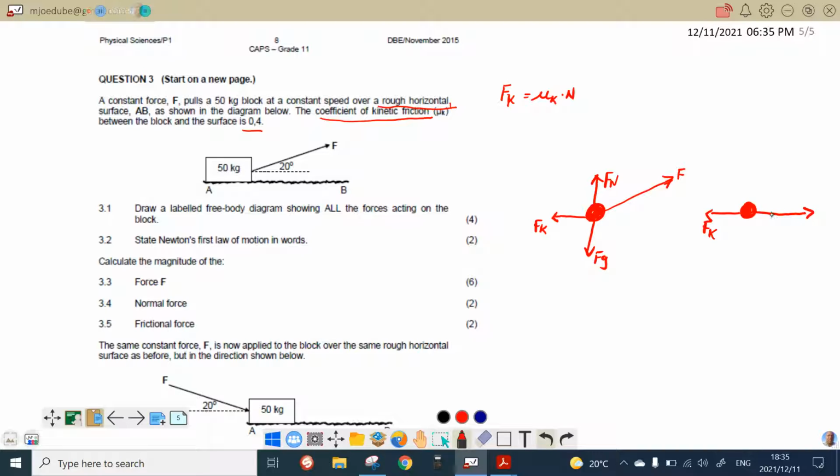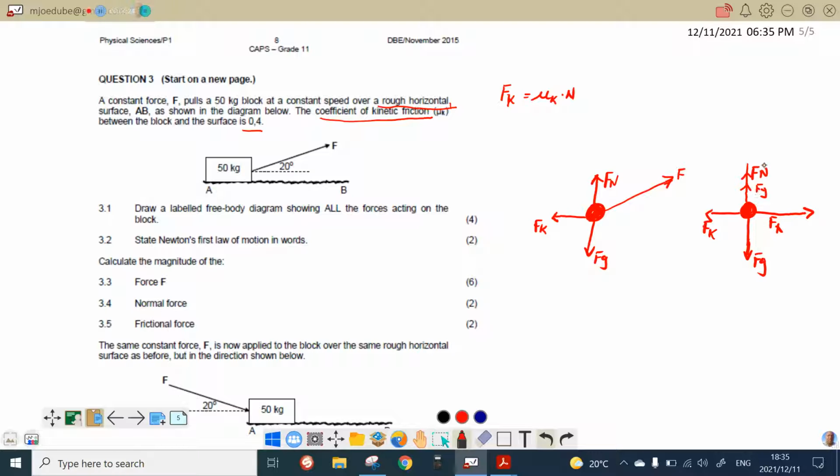So you've got your Fx component, and then you will have your normal force Fn, and then you've got your Fy component, and then you will have your Fg acting in the downward direction.